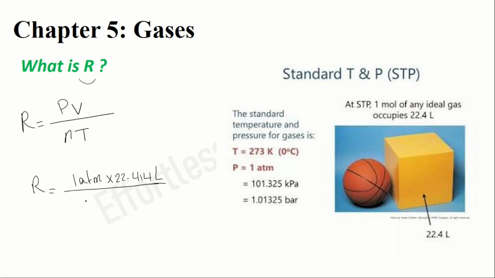In a standard atmosphere, at 1 atmosphere, this volume is occupied by an ideal gas, and then the number of moles is 1 mole, while the temperature is 0 Celsius, which in Kelvin is 273.